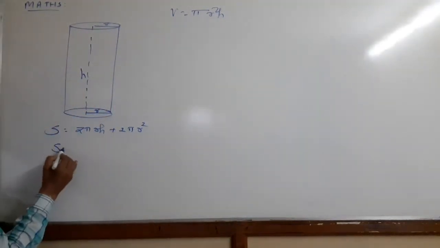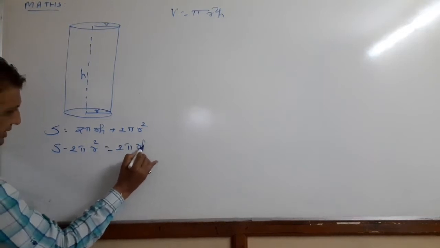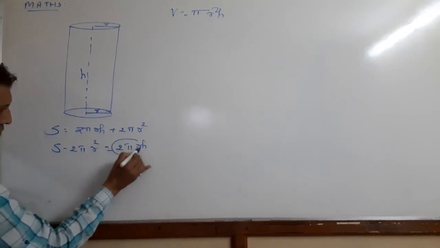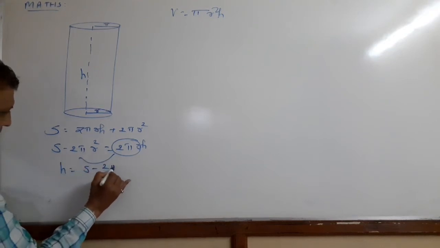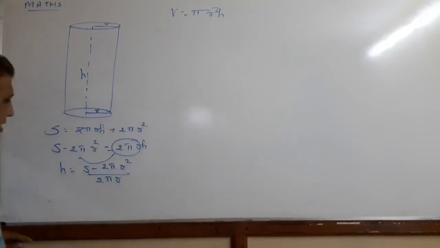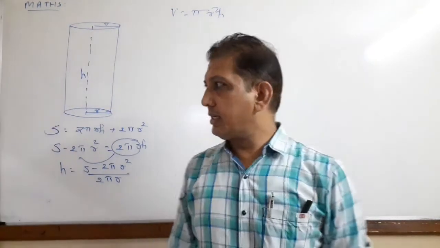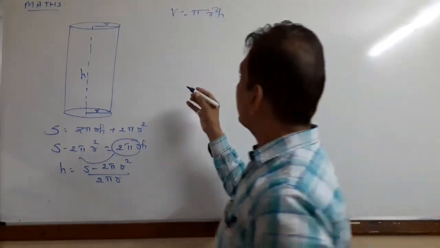S minus 2 pi r square equal to 2 pi rh. Now h equals S minus 2 pi r square upon 2 pi r. Clear? Okay?